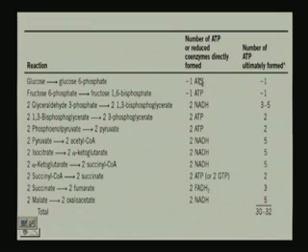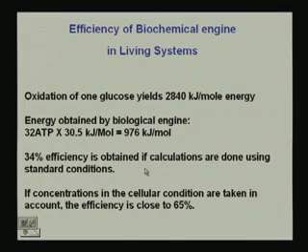And for these 2 cases where we are forming glucose 6 phosphate from glucose or fructose 1,6 phosphate from fructose 6 phosphate, we require ATP to form the phosphates in a reaction mechanism that involves the enzyme kinase. And then we go on to see the number of ATP or reduced coenzymes that are directly formed in each of these steps, and we get to a final 30 to 32 ATP ultimately formed from one glucose.